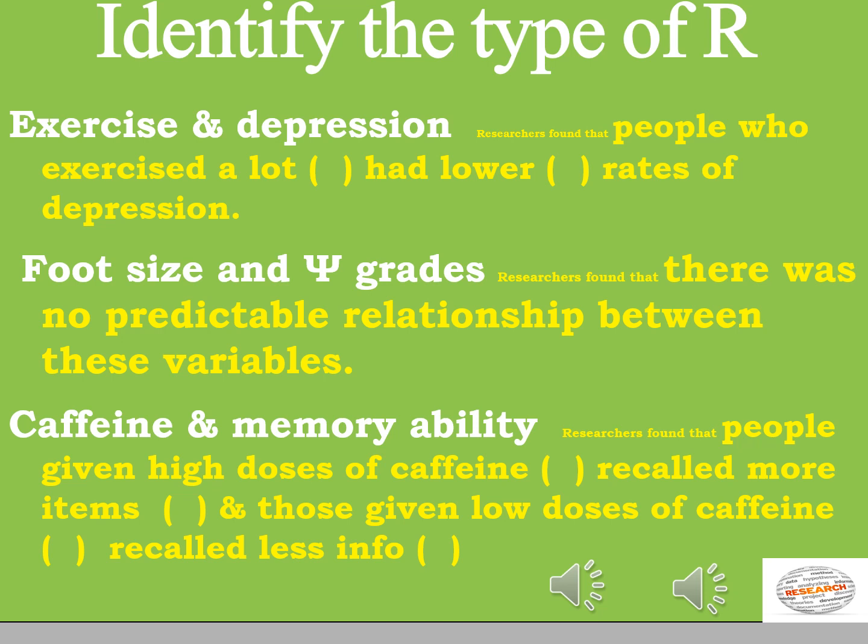Let's consider the last set, caffeine and memory ability. People given high doses of caffeine, hopefully you did your arrow up, recalled more items, hopefully arrow up again. Those given low doses of caffeine, arrow down, recall less info. So up, up, and then down, down, the pattern for a positive correlation. Now, some students get confused and they think positive means good, negative means bad.